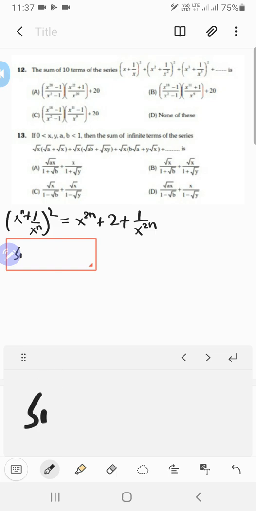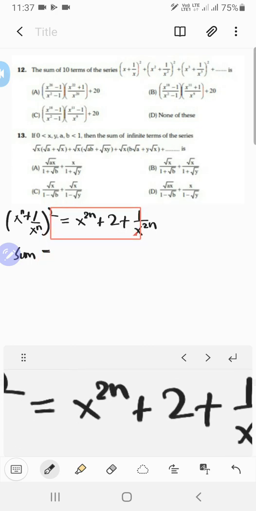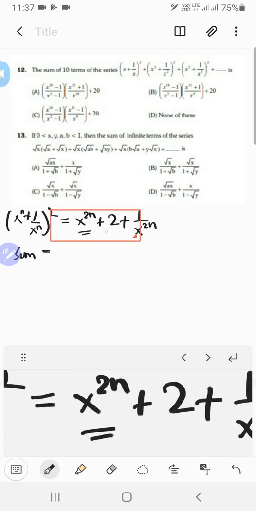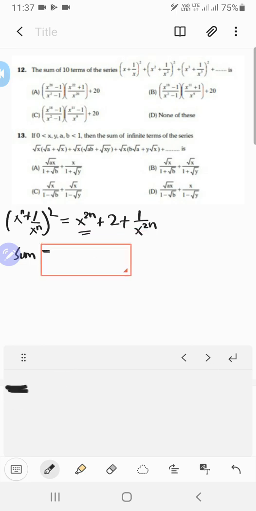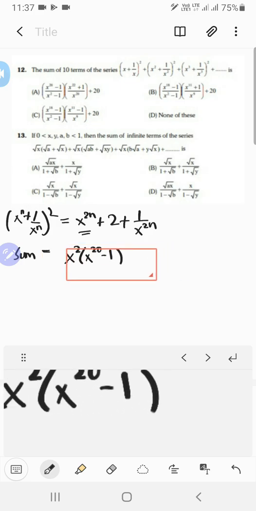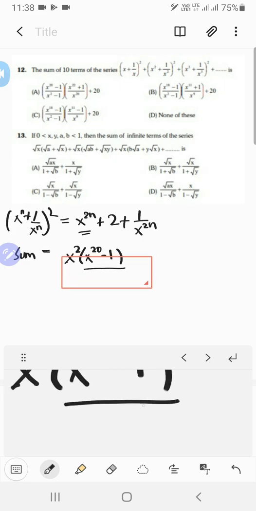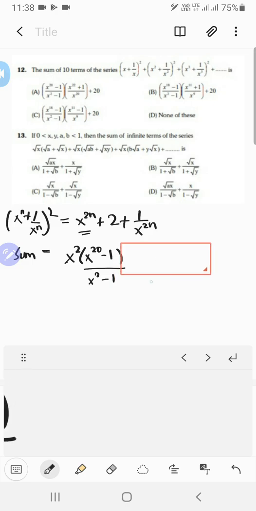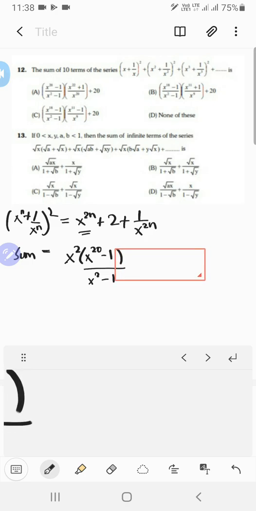So the sum is equal to, summing these x^(2n) terms, x squared times (x^20 minus 1), because it's going to be r^n minus 1, divided by r minus 1, which is x squared minus 1. Summing 2 from n equals 1 to n equals 10, we just get 10 twos, which is 20.